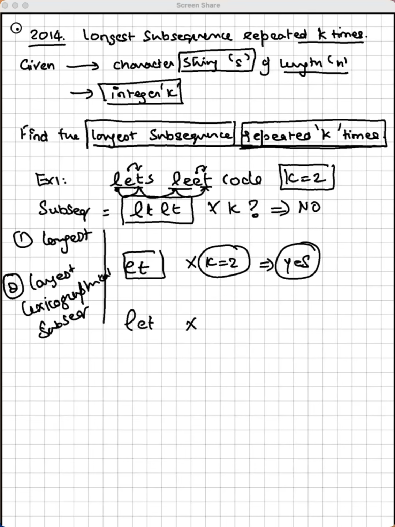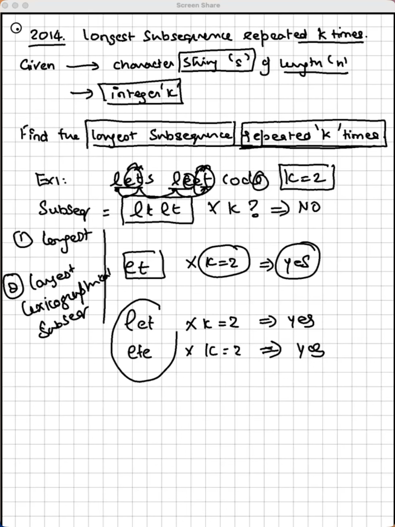LET does repeat 2 times, so this is a yes. Another thing that we can do is ETE and ETE. So ETE is also repeating 2 times. So these are valid options for the first constraint, and using the second constraint of lexicographically largest subsequence, I will return this value. Okay, so this will be my answer.